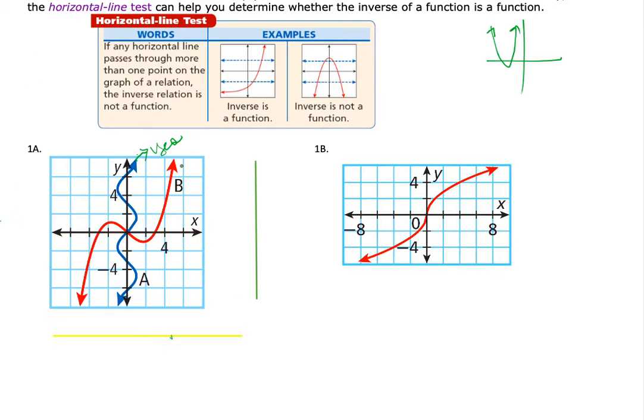Okay, so no. Let's do another one. This one right here. Does that touch the yellow horizontal line at more than one place ever? No, it doesn't. So that means that this has an inverse that is a function.